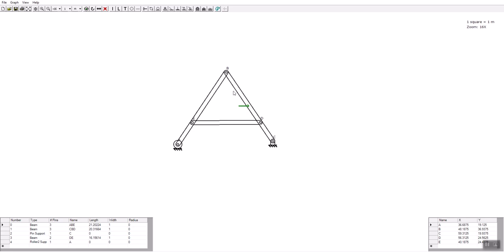Again, this is an A-frame, but this A-frame differs a little bit from the previous A-frame. The previous A-frame had pin, pin. Now we have pin, roller.